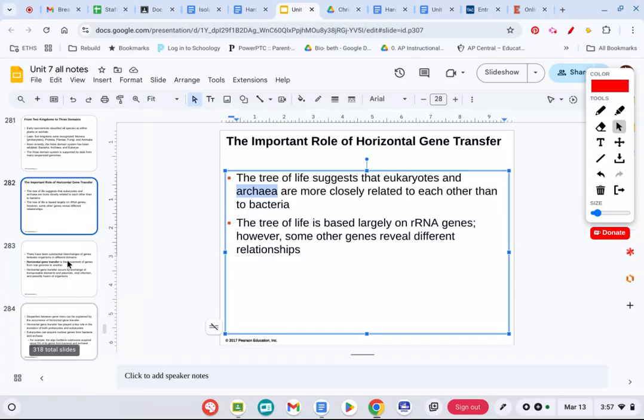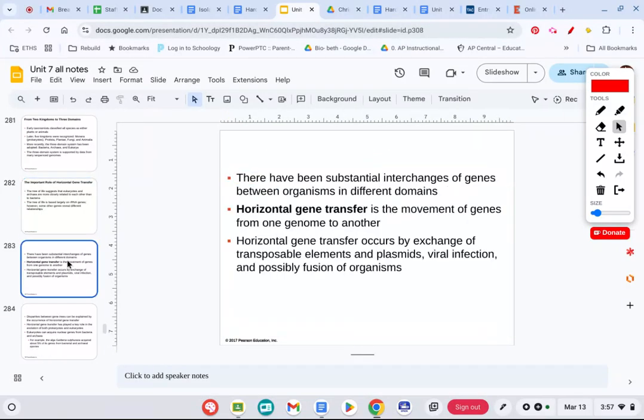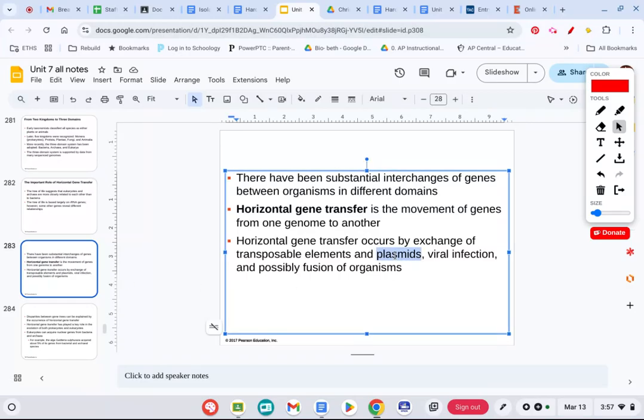And it also emphasizes what is called horizontal gene transfer. This is the movement of genes between organisms that are in different domains. And this can happen through things like plasmids. Plasmids could have been taken up, or you can have infection, you can have endosymbiosis.